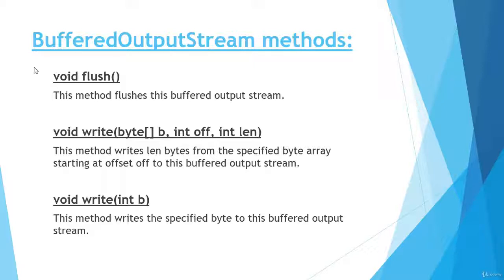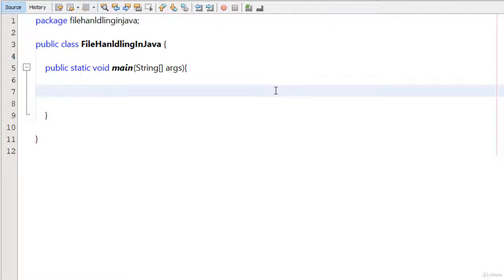Now let's get to our program in NetBeans to see how we can write our code using the BufferedOutputStream and how we can write data using it. In NetBeans, first of all, I type FileOutputStream fout equals new FileOutputStream, and in the constructor I type the path.